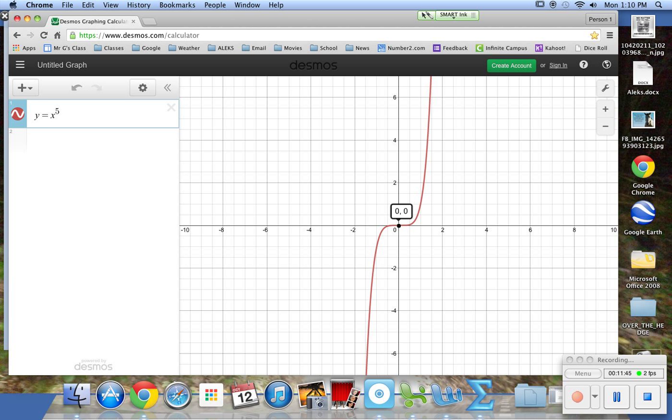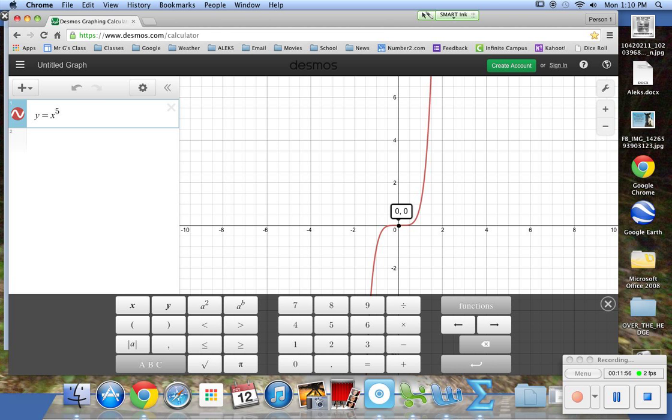Take a look at the top, 110. Actually, I'm going to leave this up because I'm going to graph this one too. I'm going to graph it first. X to the 4th plus 3x squared plus 8.